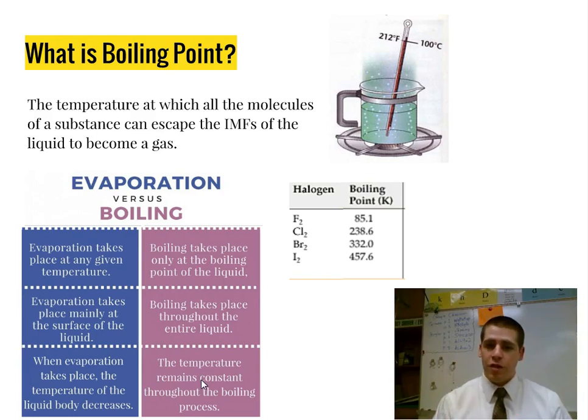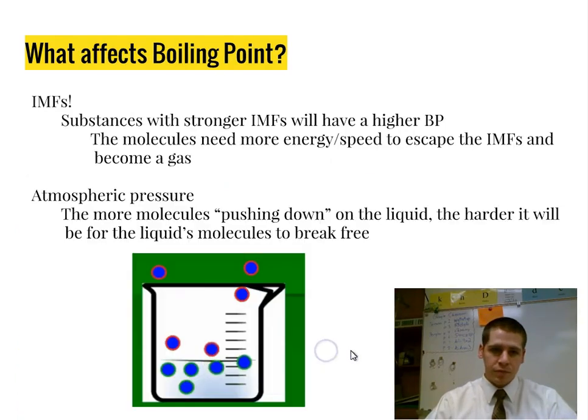If you turn off the heat, it will stop boiling immediately. And what's happening is the entire liquid is staying at 100 degrees Celsius that entire time. You're not really heating it up past 100 degrees Celsius. We'll get into that a little bit more in the next unit. But just remember that the boiling point is consistent. If your boiling point is 100 degrees, that means all the water stays at 100 degrees while it's boiling.